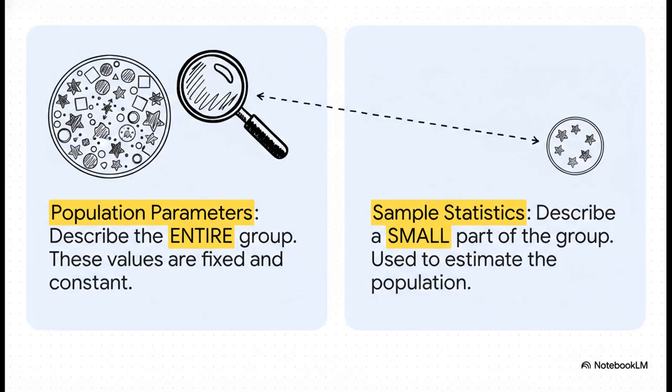The parameters are the real, true values for that entire group. But let's be honest, it's usually impossible or just way too expensive to look at everything. So what do we do? We take a sample, a small, manageable piece of the pie. And the measurements we get from that sample, we call those statistics. The whole game is using those statistics to make a really, really good guess about the true population parameters.